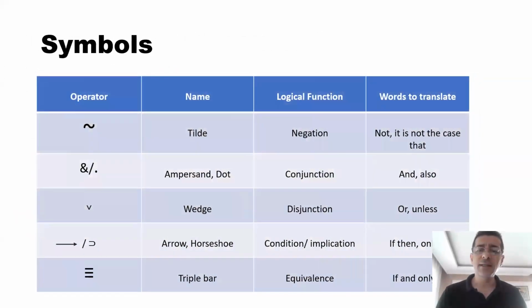Let's look at the symbols I told you about. So have a look at this table. You can pause the video and have a look, okay? Then you will see what these operators are, what the symbols are, and whatever.